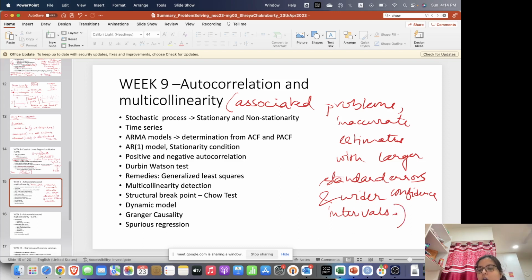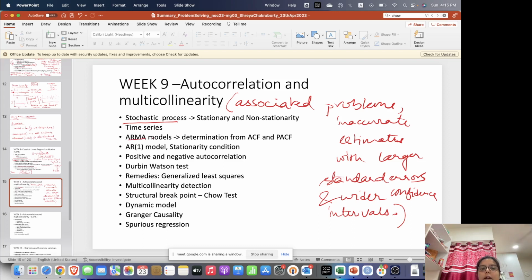That is not desirable. So as I was saying, any stochastic process can be either stationary or non-stationary. So time series is one such stochastic process.